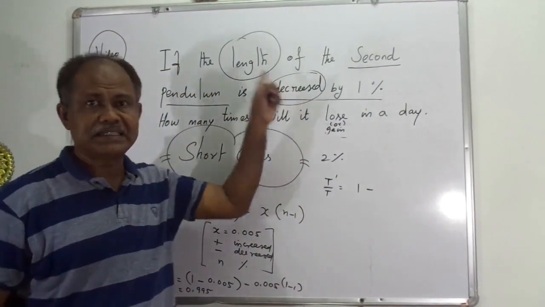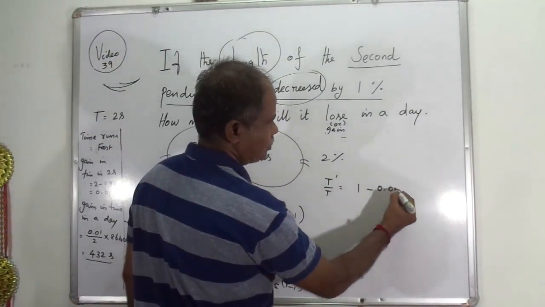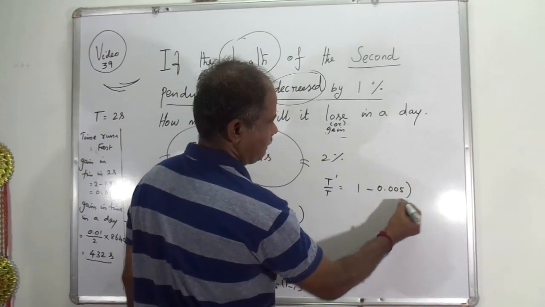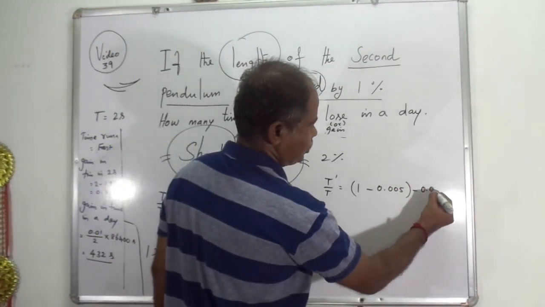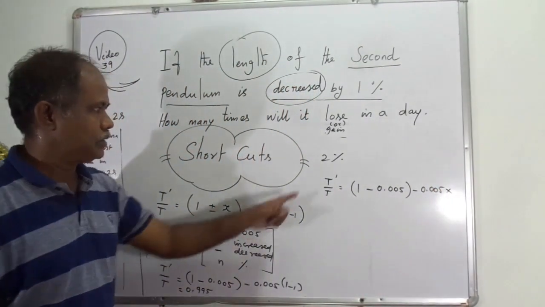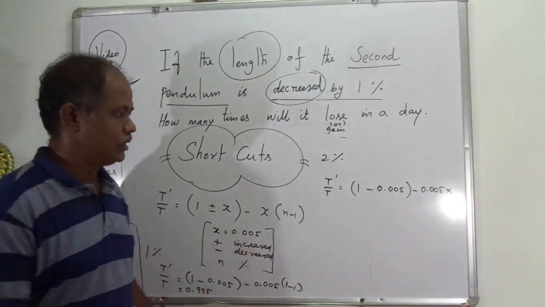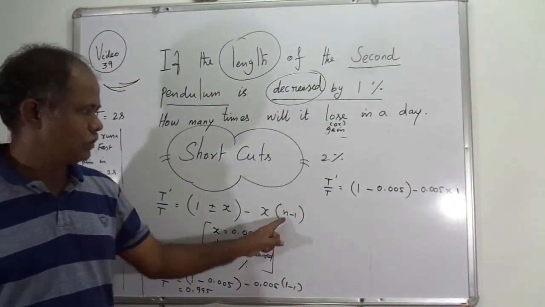Minus, since this is decreased. Minus 0.005 into (n minus 1), where n is 2%. 2 minus 1 is 1, so 0.005 into 1.